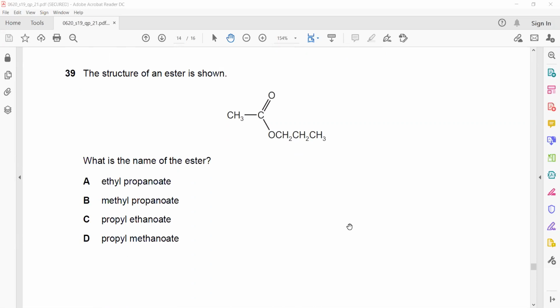The structure of an ester is shown. What is the name of this ester? The part which is attached to oxygen is a branch, and the part attached to C double bonded with O is the chain.